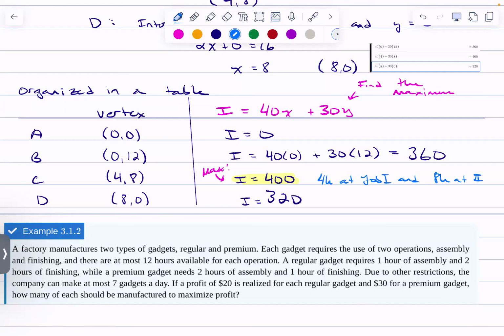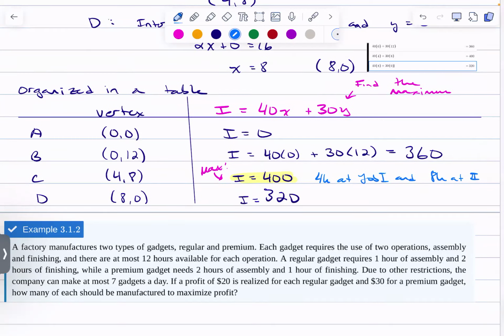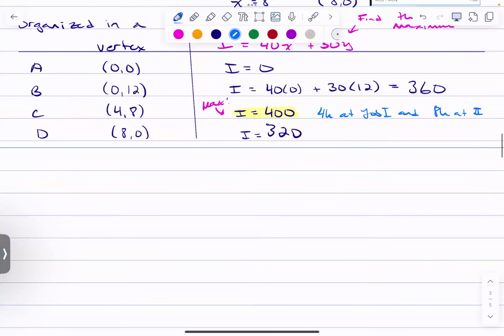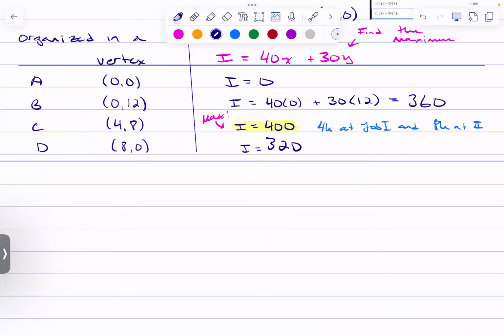Nice. And that's the answer. A lot of little nitpicky things that you already know how to do, but now we're putting them all together.